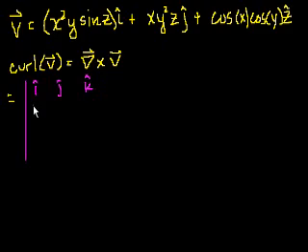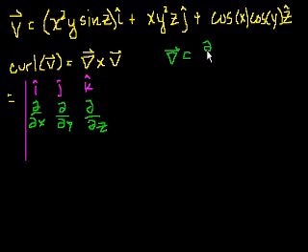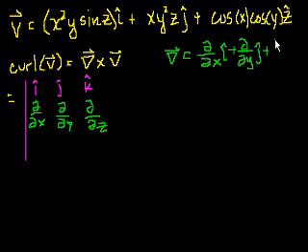And what are the components of the del operator? It's the partial derivative with respect to x, the partial derivative with respect to y, the partial derivative with respect to z. Let me just rewrite the del operator. You could view it as being equal to the partial with respect to x, i, plus the partial with respect to y, j, plus the partial with respect to z, k. So it's x, y, and z components. And then the second row, where we're taking this operator cross the vector field.